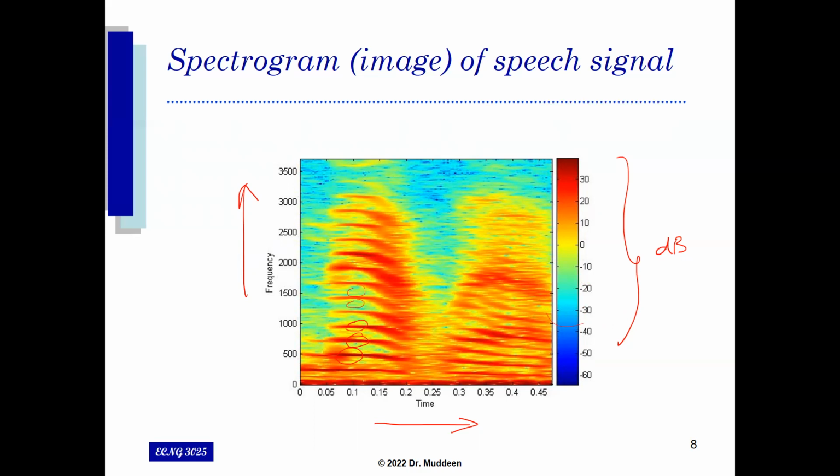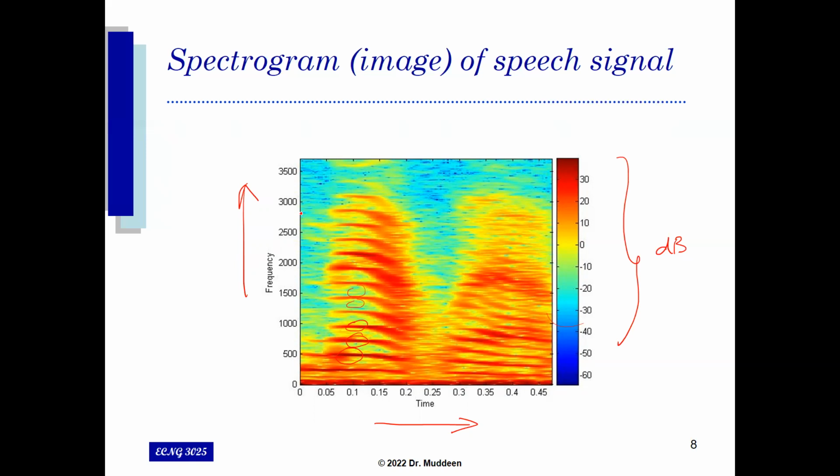So it's a picture. You take the non-stationary signal, do a spectrum for each time, and combine everything together to create this image that we call a spectrogram.